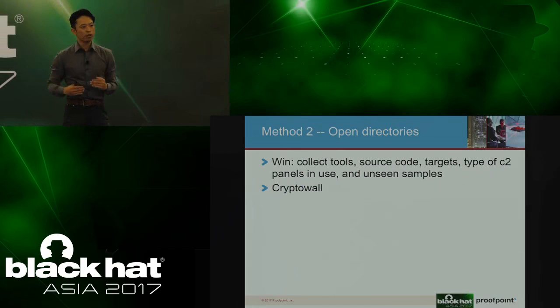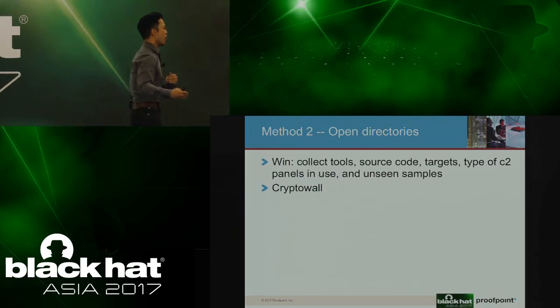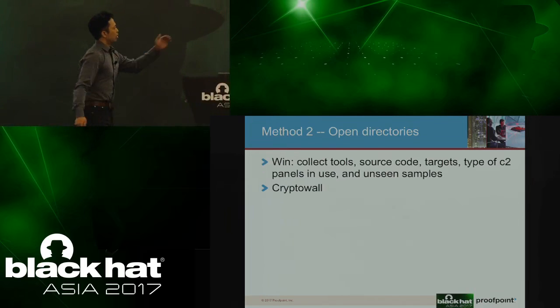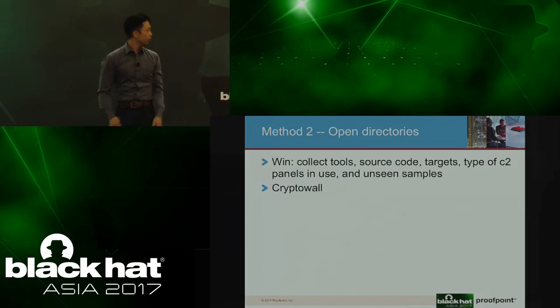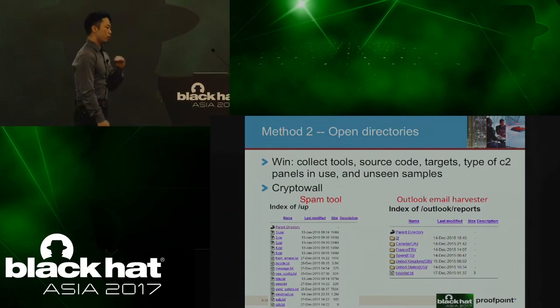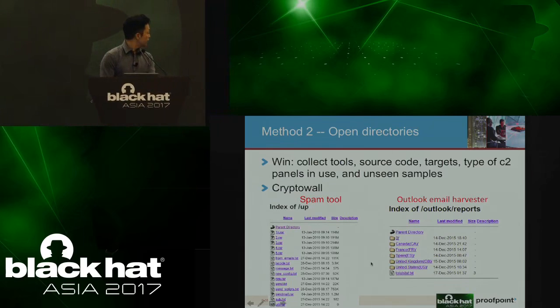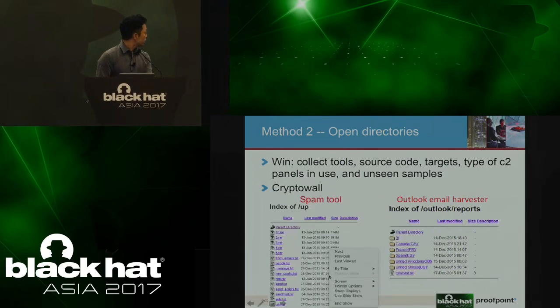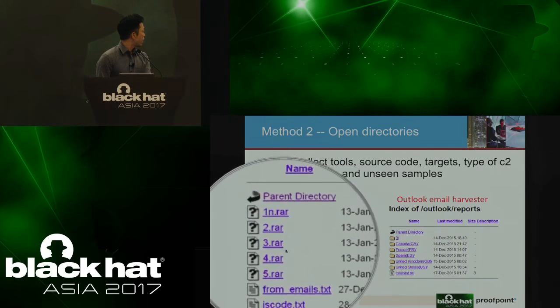Method 2, open directories. Once you have all of those URLs, you can write a script to start to probe for open directories. There are lots and lots of them. We'll give an example that we found with the CryptoWall actors. From their open directories that we discovered, you can get their malware.